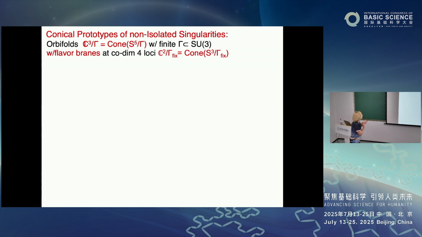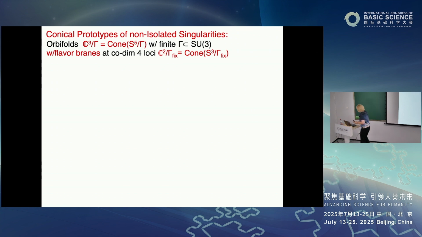Again, our favorite conical orbifold as a cone over S5 mod gamma, where finite gamma is within SU3 holonomy. And within this construction, now we are also having flavor branes, singularities associated with codimension 4 loci, which are again cones of S3 mod some discrete action. Okay? So in addition to isolated singularities, we are having sectors where we are dealing now with extended singularities that are in real codimension 4.